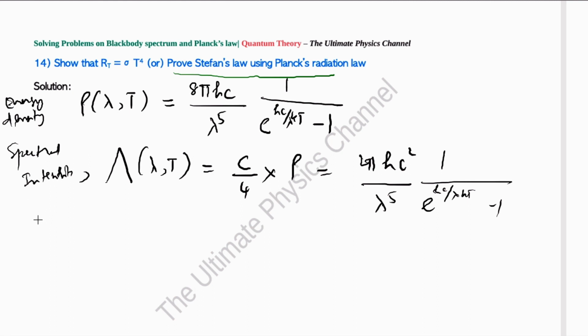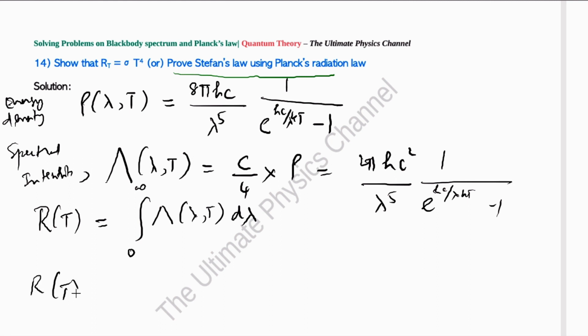Now the power radiated, R_T, can be calculated as the total power over all wavelengths, that is 0 to infinity, integration of this thing, right? So therefore R_T is equal to, let me take this expression and do it.